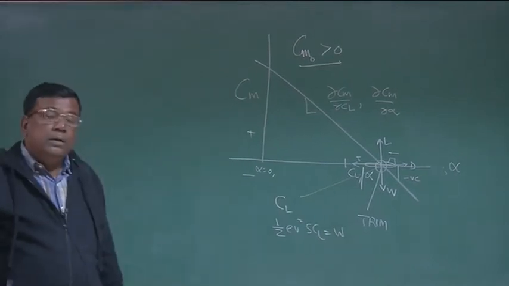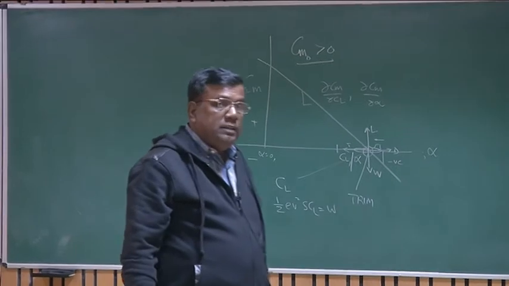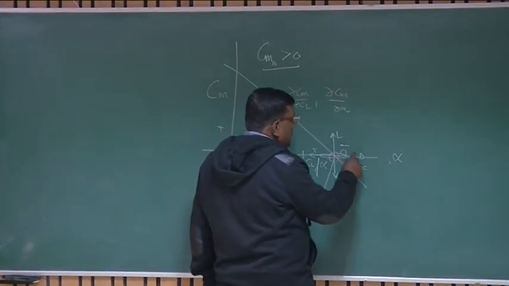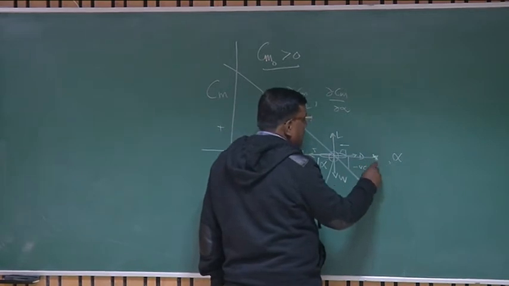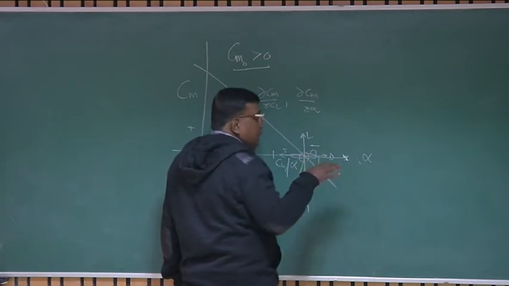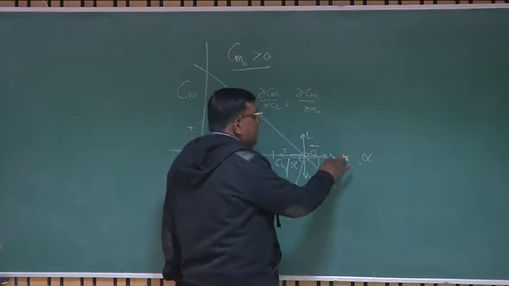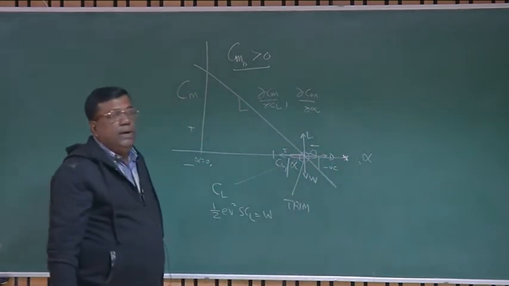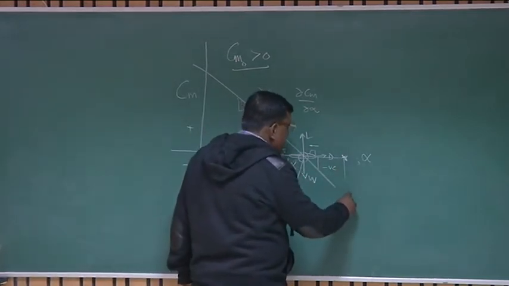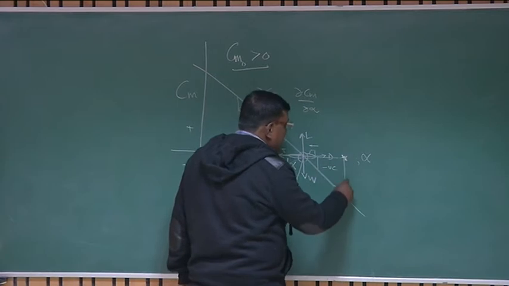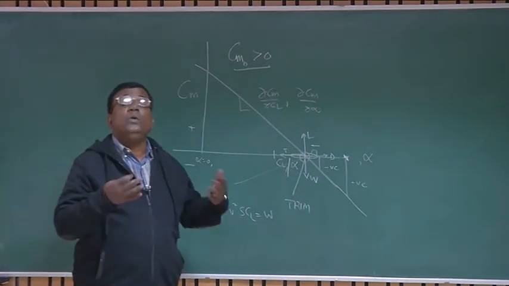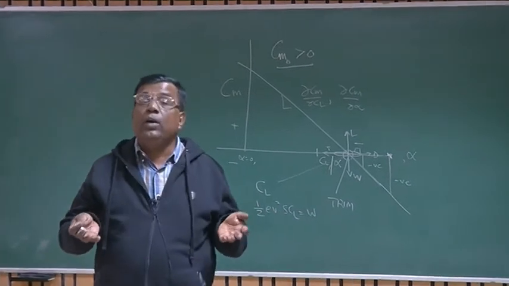Now, what is control? What we discussed was, suppose I want to trim the airplane at a different alpha. So the moment I try to take the airplane from this angle of attack to another higher angle of attack and still maintain lift equal to weight and thrust equal to drag, because it is statically stable, it will generate a negative moment. It will not allow it to go to that new Cl or alpha.